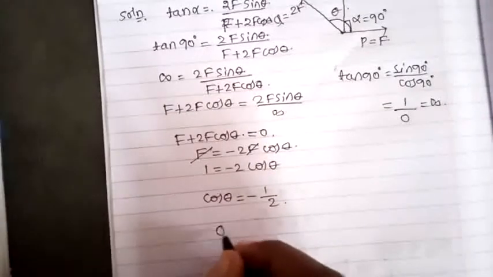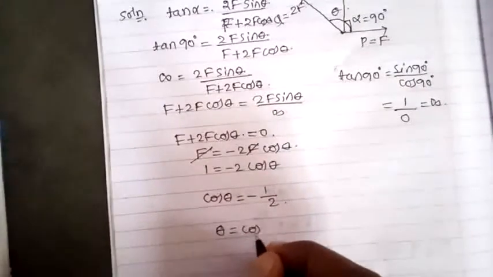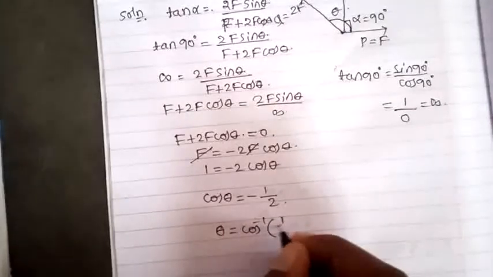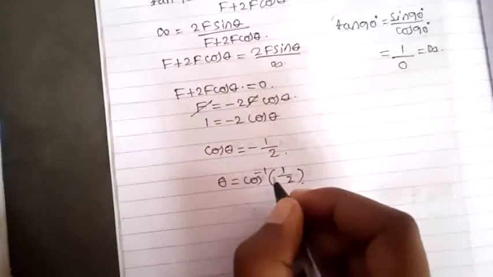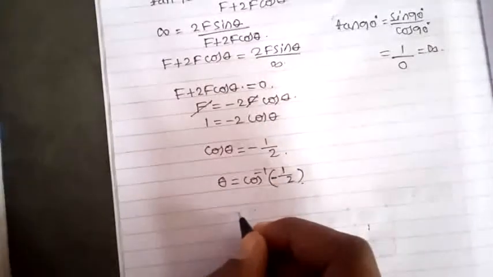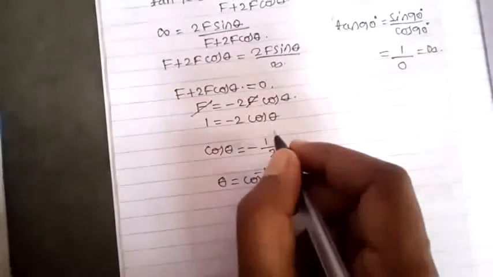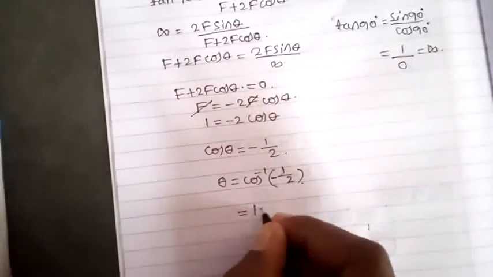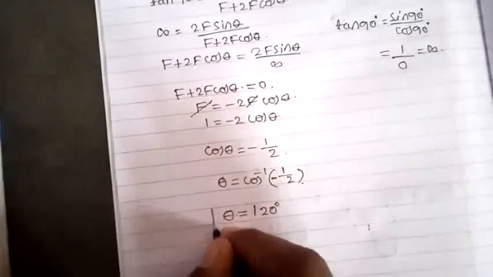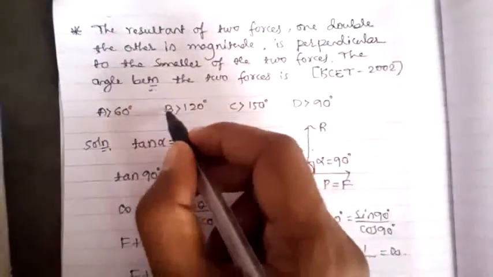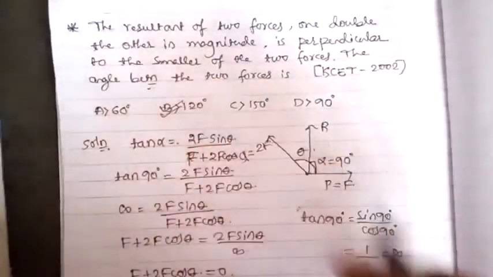Then theta is equal to cos inverse of minus 1 by 2. So the cos value is minus 1 by 2 for the angle 120 degrees. Then this is the answer. 120 degrees is the answer.